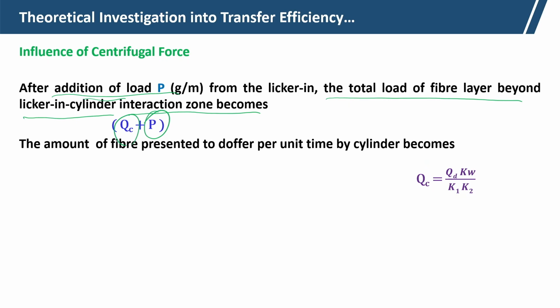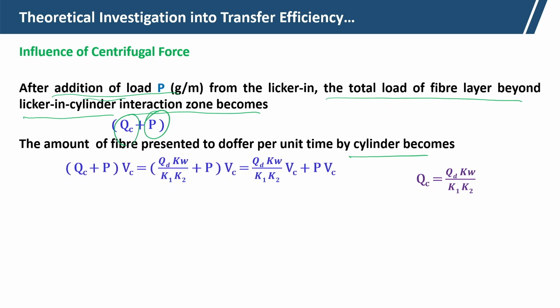So, the amount of fiber presented to doffer per unit time by the cylinder per unit time will be this. This is the cylinder speed and load, okay, that is per meter it will be the load.